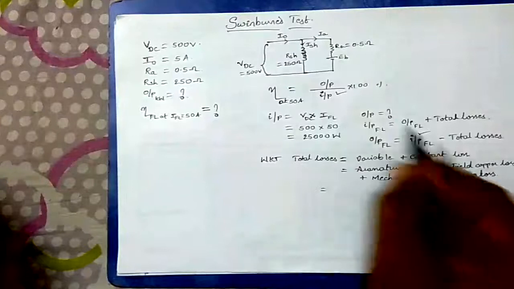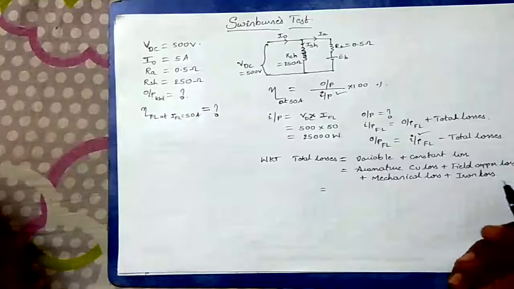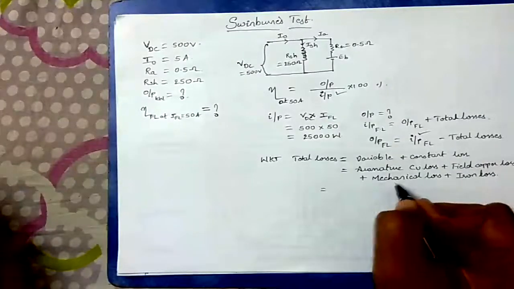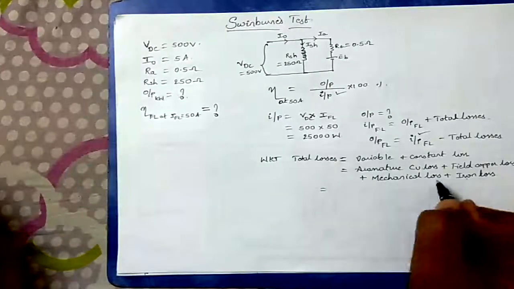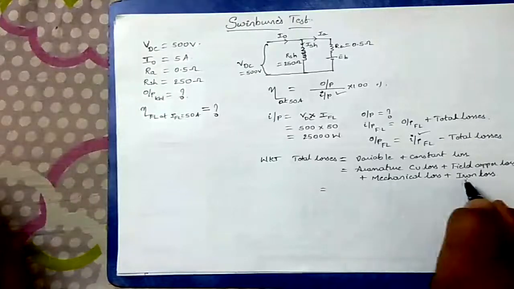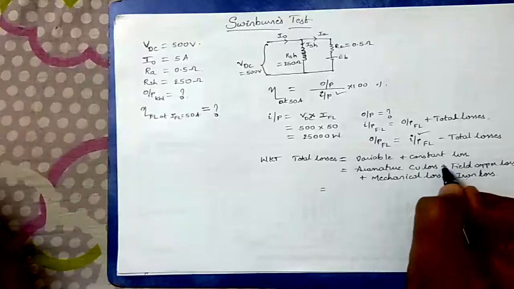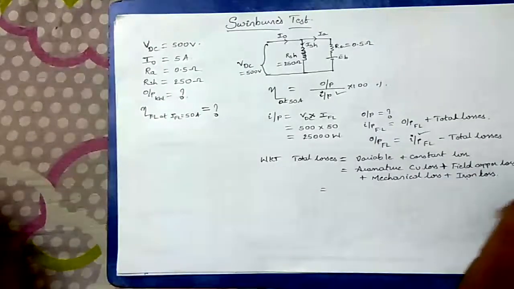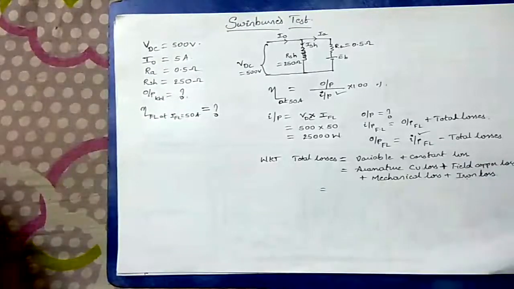Since this problem is based on a shunt machine, as Swinburne's test can be conducted only on a shunt machine, what we are assuming here is that stray loss is equal to mechanical loss plus iron loss. These two losses we call collectively stray losses. But here, since this is a shunt machine, the field is always constant, that is, field current is always constant unless you change it, and we are not changing it in this test.